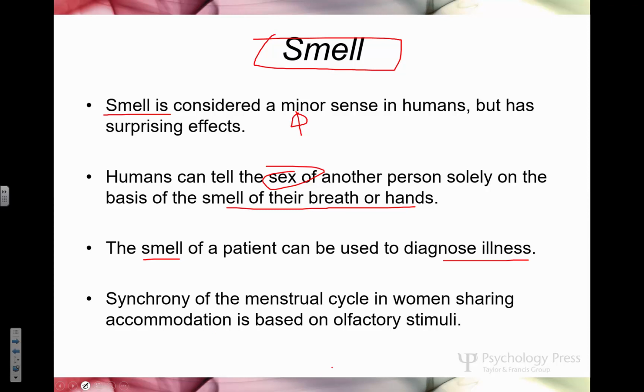There are also some interesting things with syncing up menstrual cycles based on olfactory stimuli. That's not something we're going to spend a whole lot of time on in this class. So is that saying women can smell when other women... Yeah, then their body's just like, oh, me too. There's a lot more to it than that. There's a whole discussion we could have on pheromones.